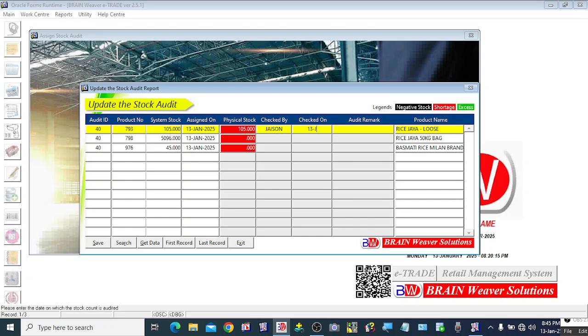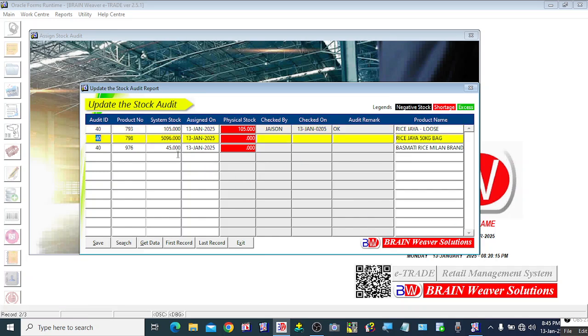Suppose today he has verified it. If there is an excess or shortage he found, he can mention his special remark here. If everything is okay, he can also mention okay.